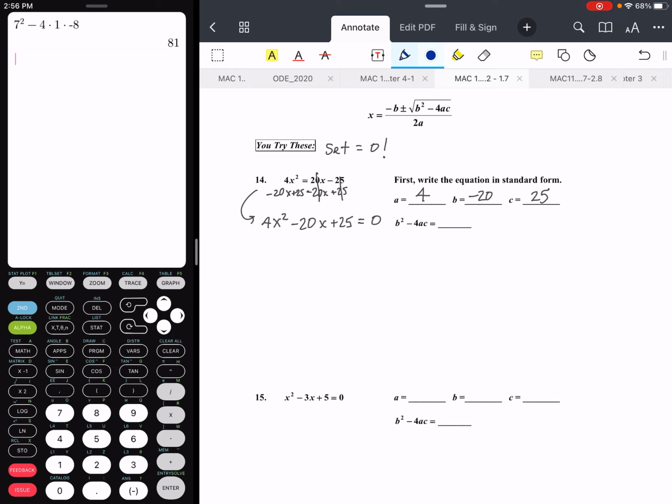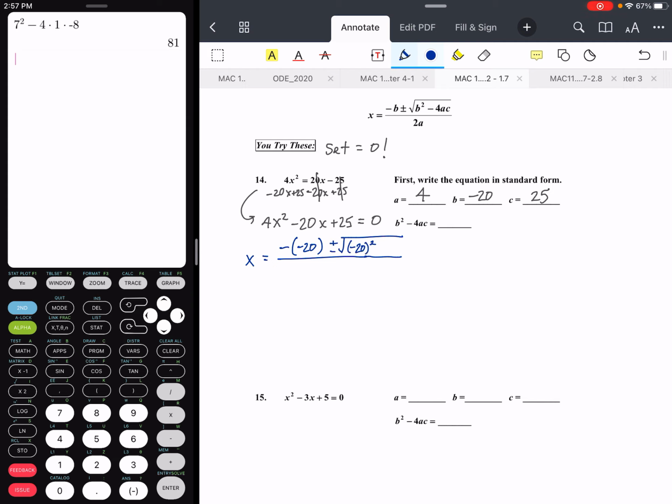All right, so x equals, now be really careful here. I told you in the last example to keep an eye on your signs, and that's always going to be true. So negative b is going to be the negative of negative 20. Negative of a negative is a positive. We have a positive 20 out front. So we'll simplify that in just a minute. So 20 plus or minus the square root of negative 20 squared.